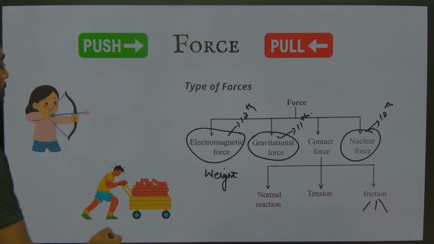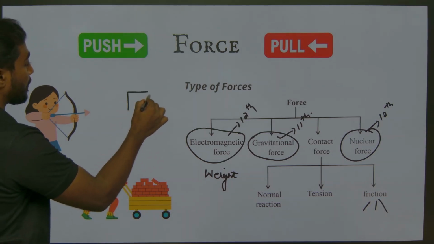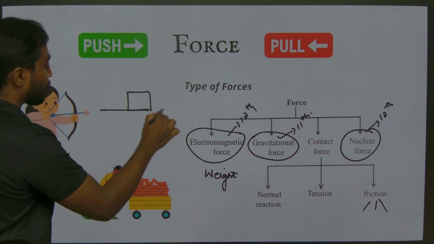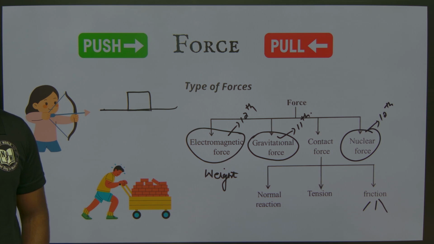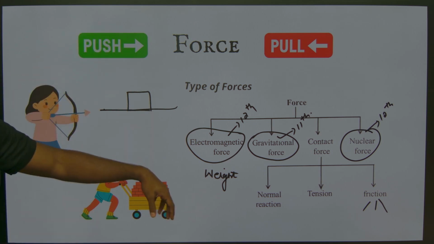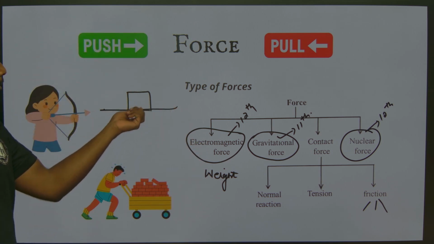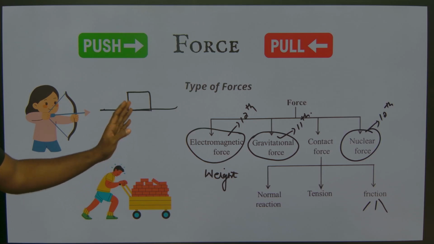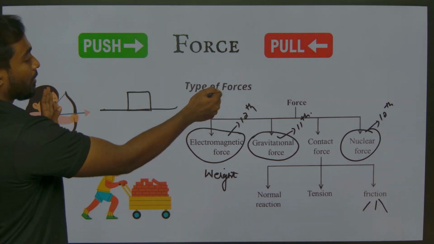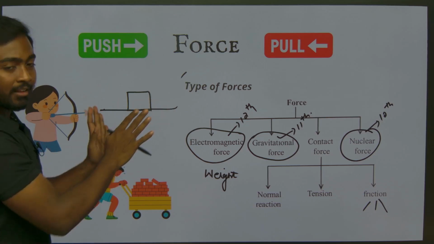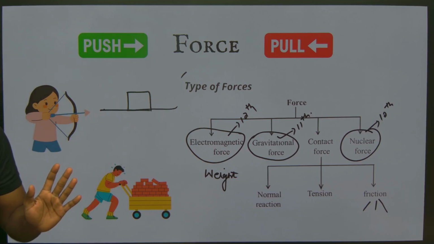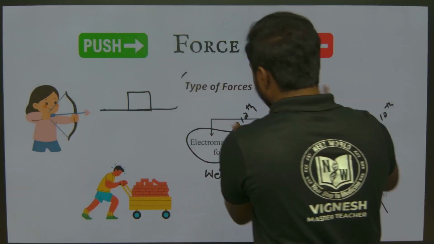Suppose an object is there, simply kept as it is. Is there any force acting on the object? Depends upon gravity. Yes, something is pushing me down, like I am on the surface, and one more force, normal reaction, will be there. That one we will discuss. But since we have not discussed the types of force yet, I will keep that aside.